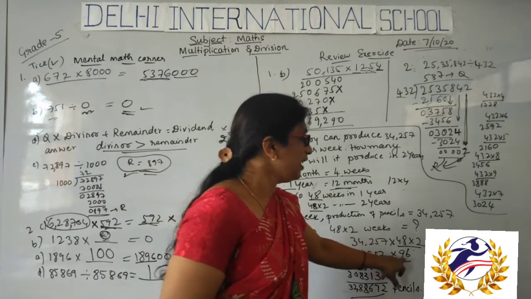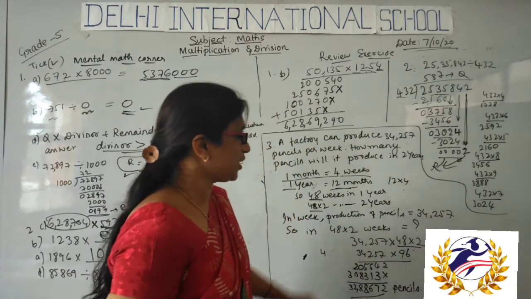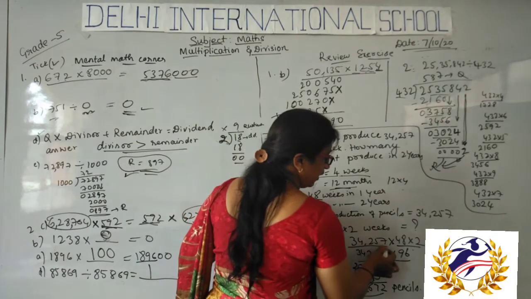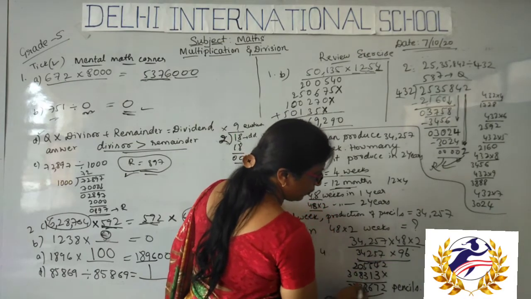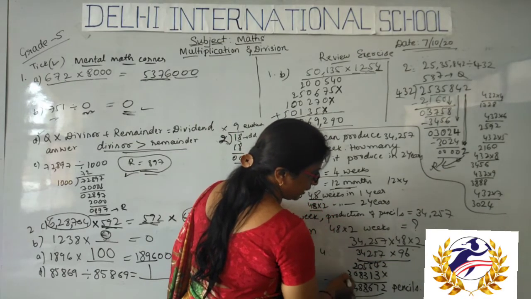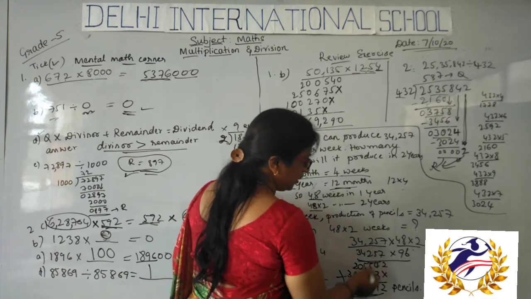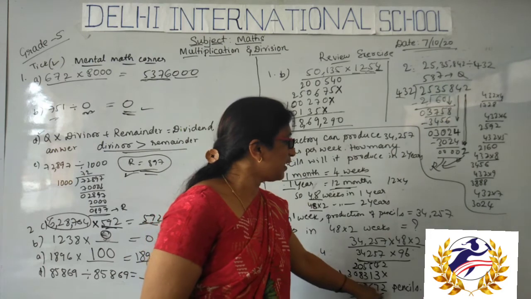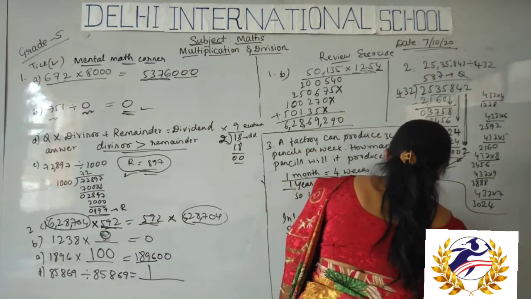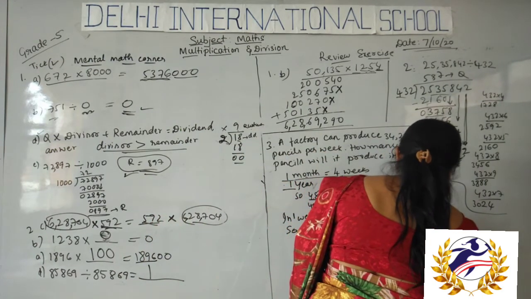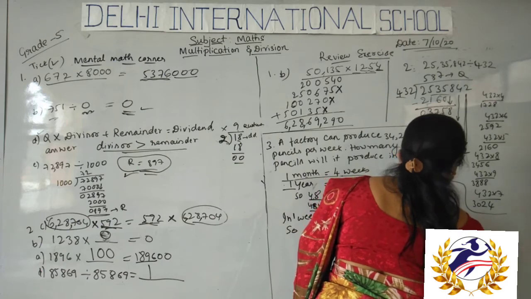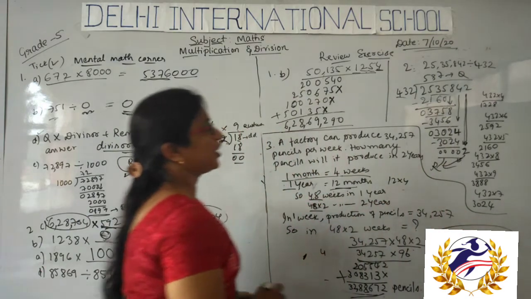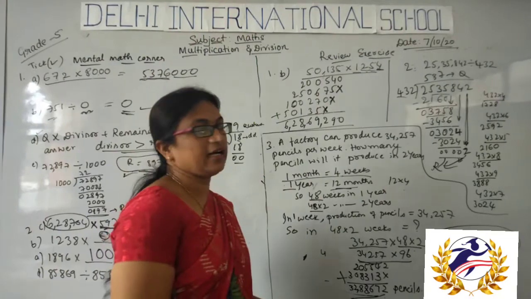So we have to multiply by 96, same multiplication method. I got the answer 32,88,672 pencils. 32,88,672 pencils are manufactured by the factory in 2 years.